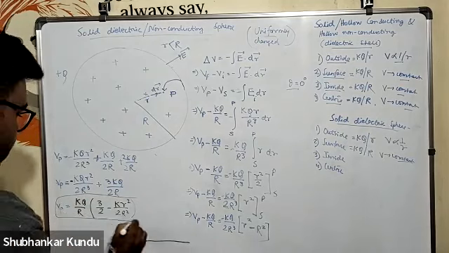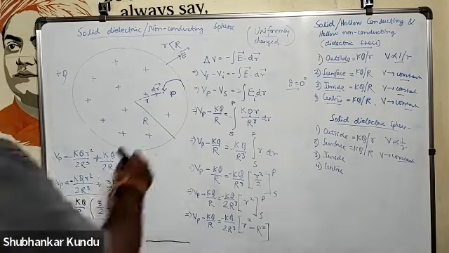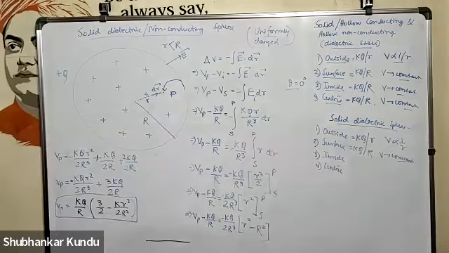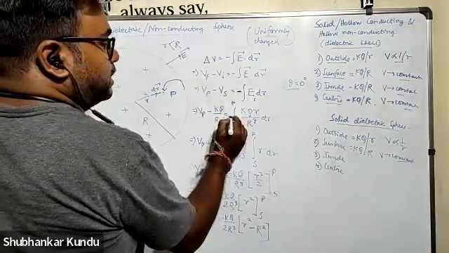This is the expression inside the sphere at this point P. I made the blunder because my marker is so faded now, I just overlooked this negative sign.